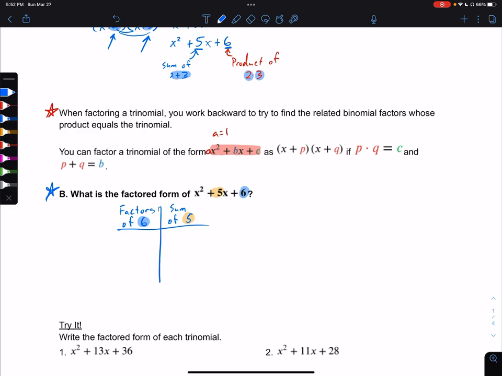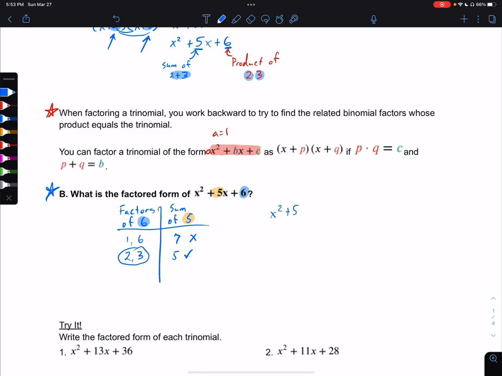So what you're going to do is, on the left side of your chart, list the factor pairs, things that multiply to get 6. Well, 1 times 6 and 2 times 3. Then you're going to sum those two numbers up. So 1 and 6 would have a sum of 7, but we're looking for a sum of 5, so this does not work. 2 plus 3 does have a sum of 5, so that works, meaning these are going to be the numbers that we're looking for when we're factoring.